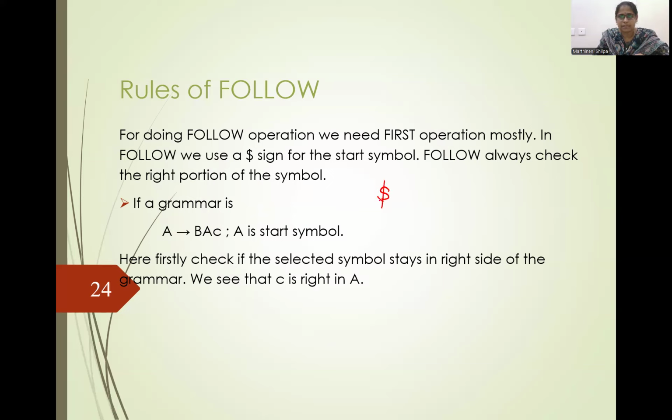If S is a starting symbol of the grammar, then follow set of S contains dollar. Here in this grammar, as A is a starting symbol, follow set of A contains dollar as well as C, because to compute follow, we are going to check the right hand side of the productions. A is followed by this terminal C. This is the first terminal which follows this A. So follow set of A contains C and dollar.